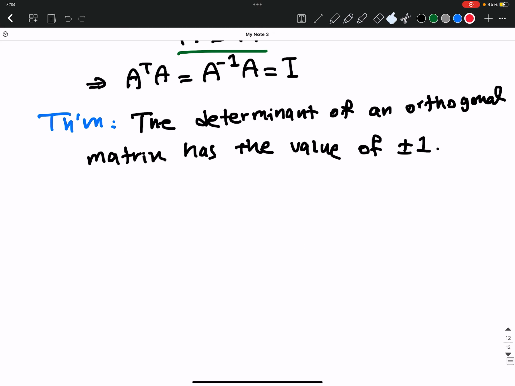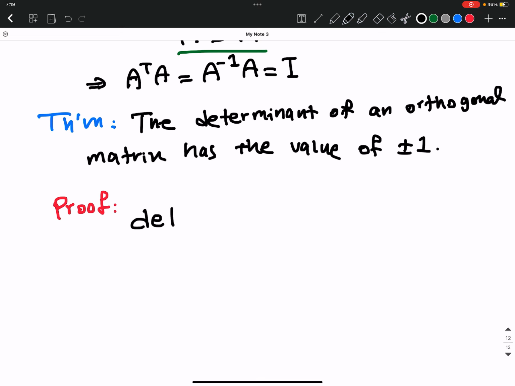So, proof. So let's see what a determinant is. These are some properties of determinants that we can use. I'm just going to write it down here.